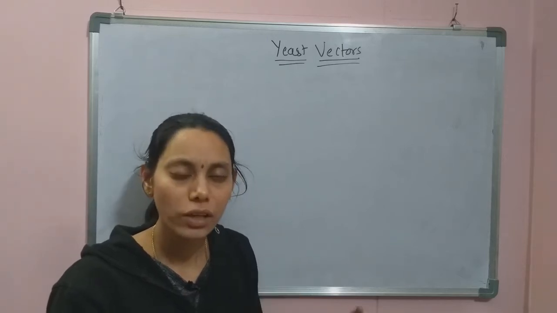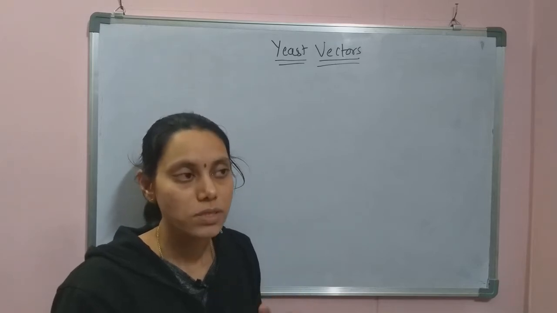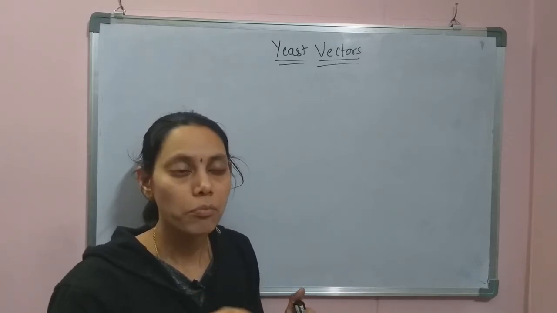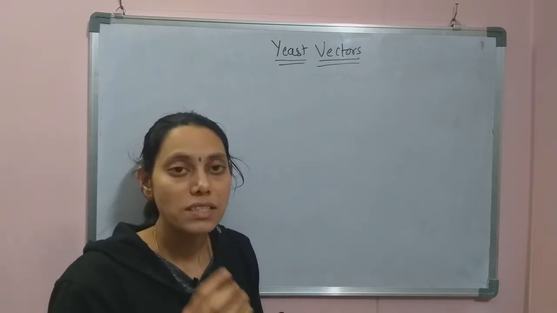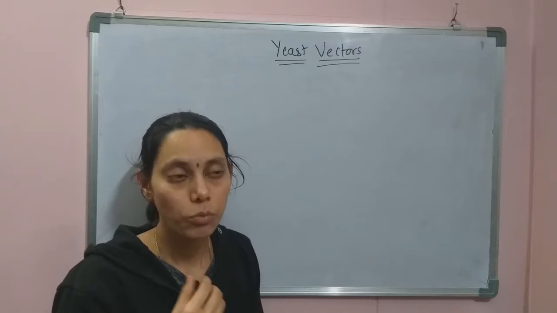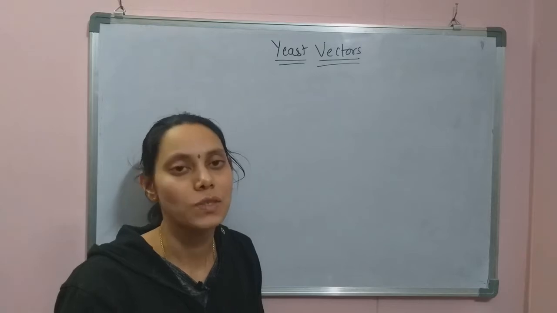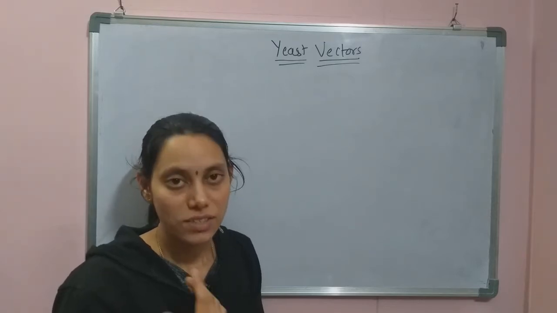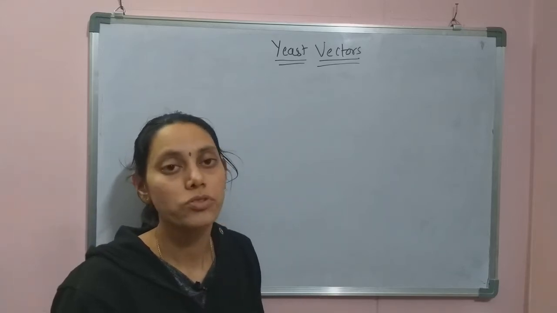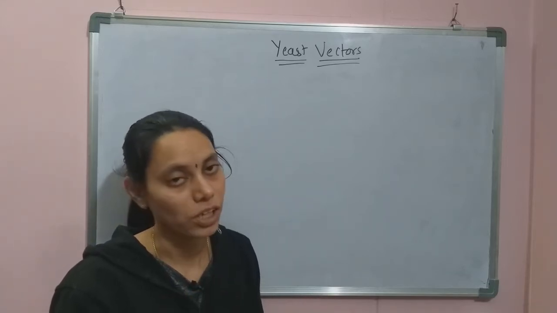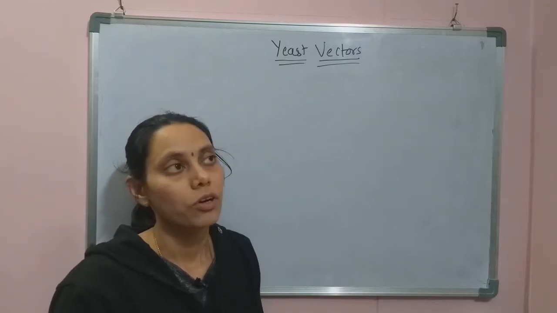We need vectors which are stably maintained inside the eukaryotes, because eukaryotic genes are more complex than prokaryotic genes, they need a regulation system that is different from the prokaryotic system, and they generally need post-transcriptional and translational modification to be expressed properly.